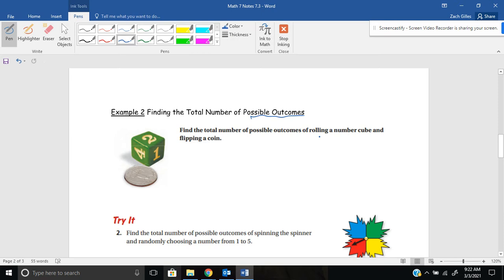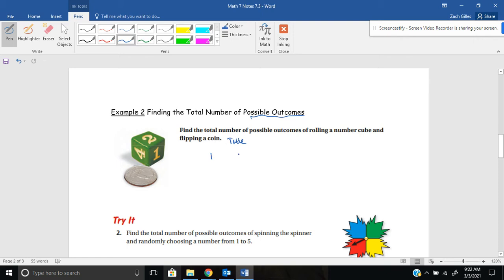And it says, find the total number of possible outcomes of rolling a number cube and flipping a coin. Okay. Now, I want to show you, we could make a table to represent this, right? So let's just do that quick.